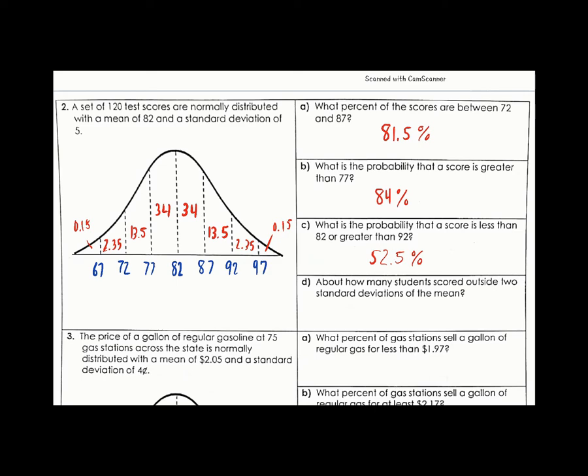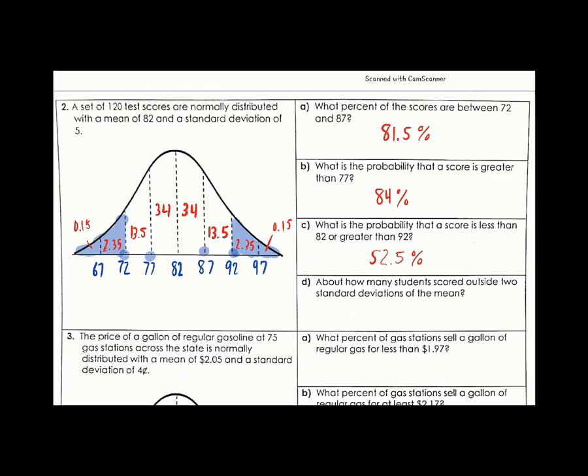And then the last one here for this particular problem, about how many students scored outside 2 standard deviations of the mean. Well, remember, this is 1 standard deviation, this is 2. So outside of 2 means out here.